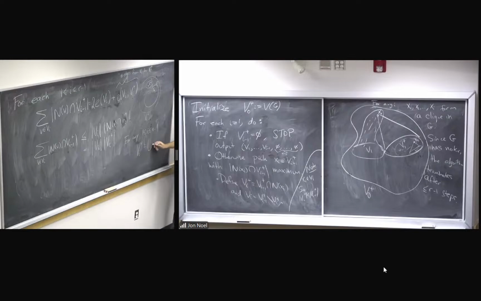It turns out that is the union over all j from i plus 1 to r minus 1 of V_j. Because these are the vertices that have not been put in any partition class yet, and they will be put into those partition classes later, at step j for some j higher than i.